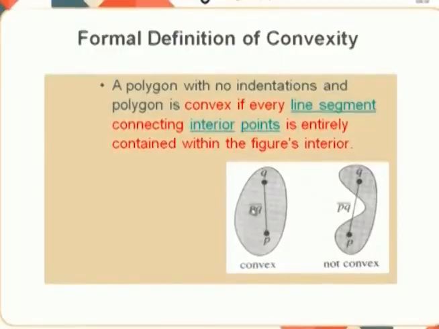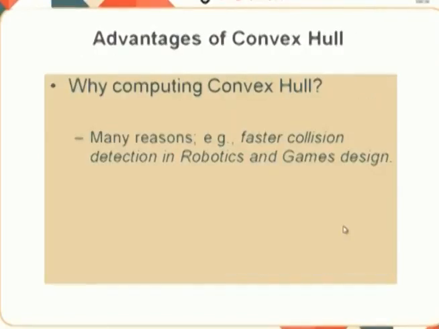For example, we can call this polygon convex because I am taking 2 points P and Q and connecting them by a line segment, and you can see this line segment falls completely within the polygon. This one is not convex because if I take points P and Q, the segment lies outside the polygon. Therefore, this is not a convex polygon, but a concave polygon.